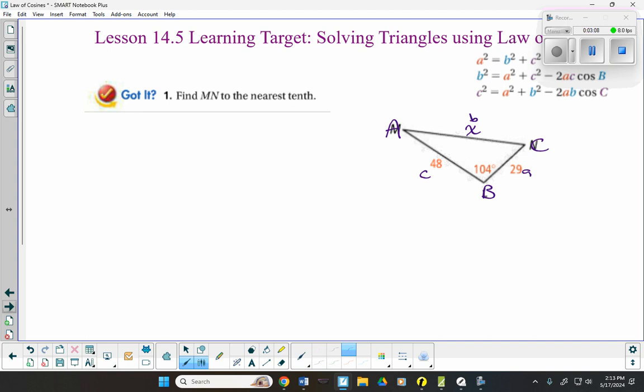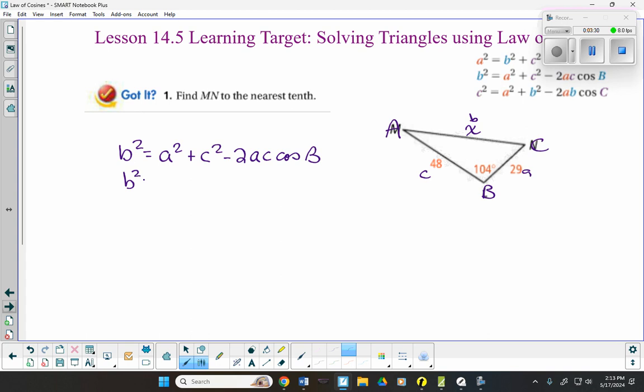I could have put them anywhere. It would have worked to use any formula if my letters were in different orders. It just so happened that I put big B as angle 104. I'm looking for little b, so b squared equals a squared plus c squared minus 2ac cosine angle b.